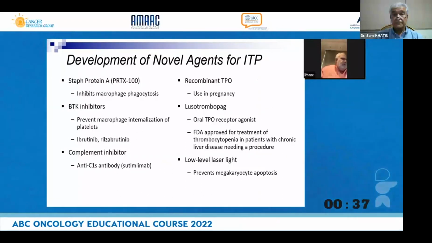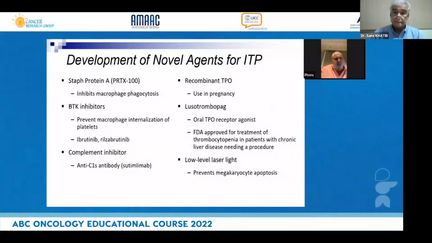The use of staph protein A that inhibits macrophage phagocytosis. BTK inhibitors were discussed, and the complement inhibitor was also discussed. The recombinant TPO that can be used in pregnancy, and an oral TPO receptor agonist, lusutrombopag, which was recently FDA approved for the treatment of thrombocytopenia in patients with chronic liver disease needing a procedure.